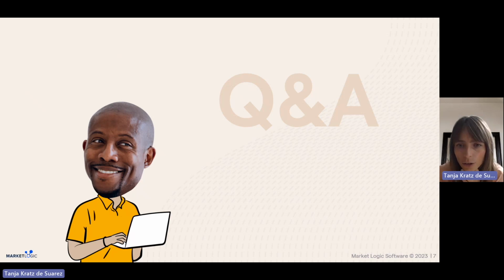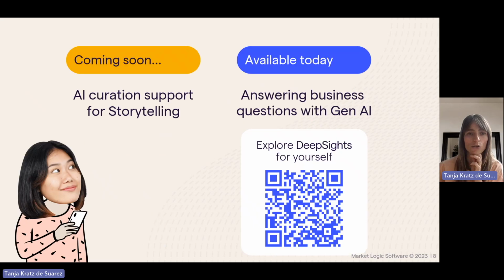And then there's a third one: future AI support for this feature. If there is generative AI available for this feature. Well, that's actually a good segue into my next slide and what I want to close the session with, a quite exciting outlook. AI curation support for storytelling is something that we're working on.